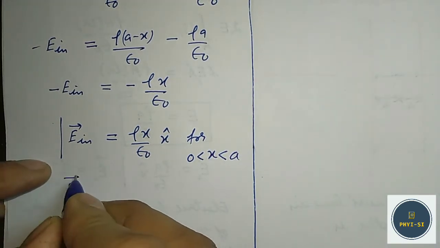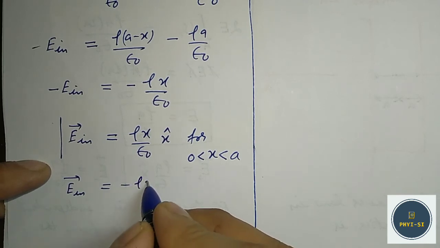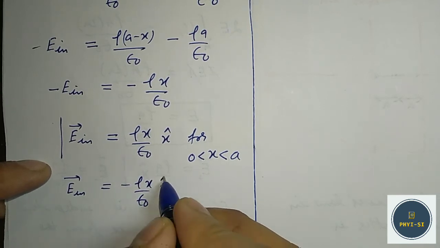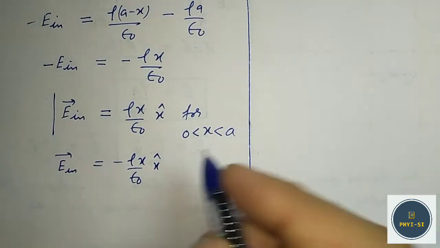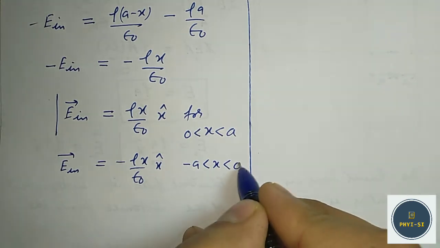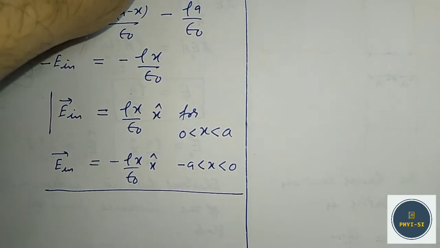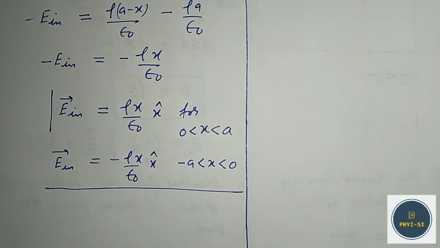And E in should be equal to minus rho x over epsilon naught, in the minus direction, when we have minus a to 0. So you must remember these results.